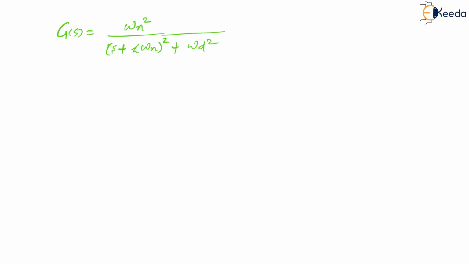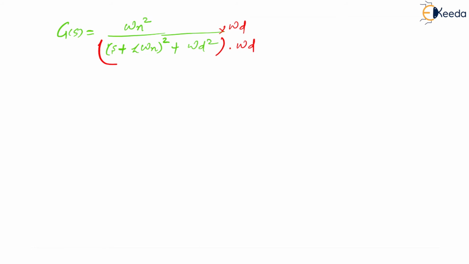Yes. Now what I'm saying is, what if I multiply and divide by omega d? What happens? Let us see. Let me just multiply by omega d and divide the whole thing by omega d. Correct? Let me just do that. If I do that, what do I get then?